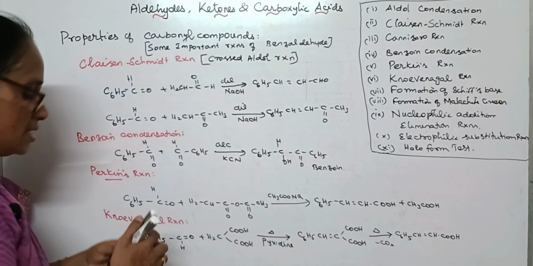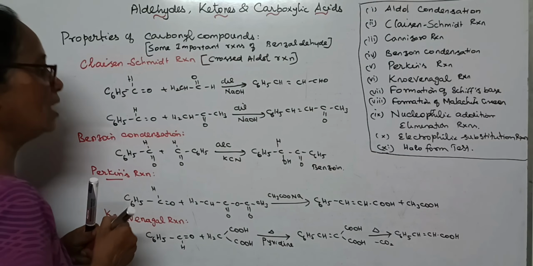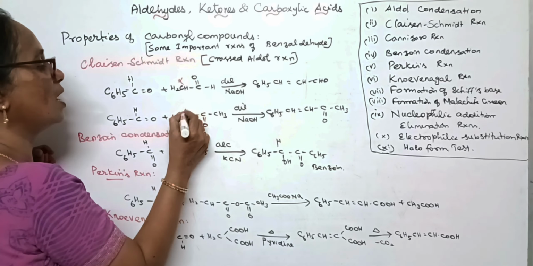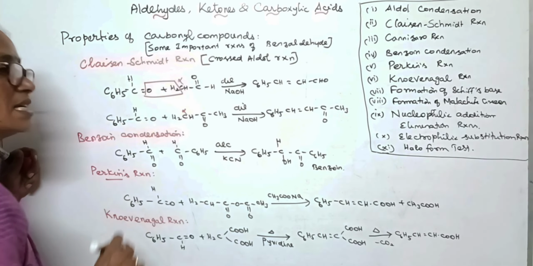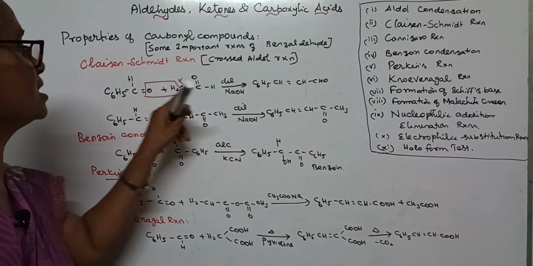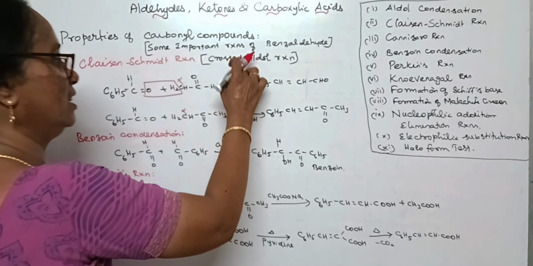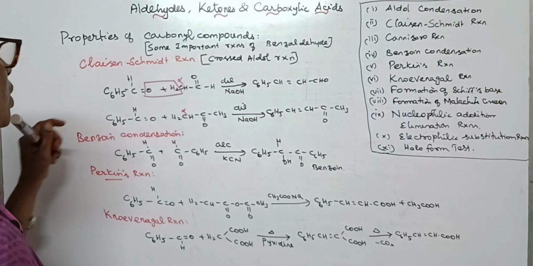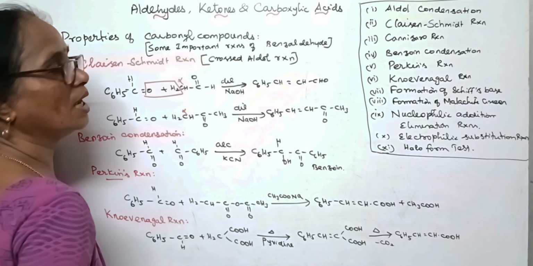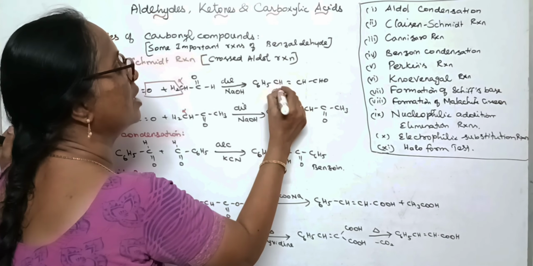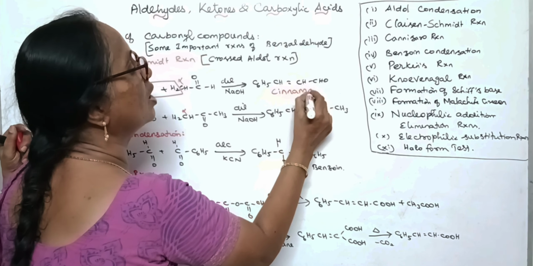In this, both acetaldehyde as well as acetone have alpha carbon, and a condensation reaction takes place between benzaldehyde and acetaldehyde with dilute NaOH. So you will get C6H5CH=CHCHO. So we are getting cinnamaldehyde. The name of the compound is cinnamaldehyde.